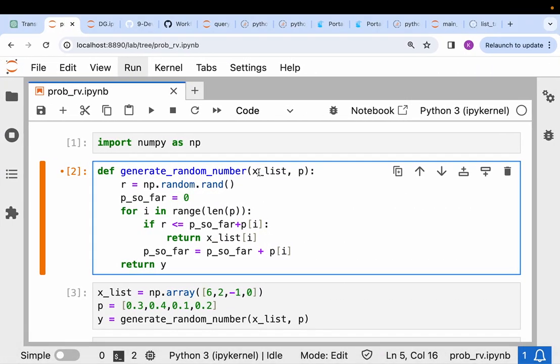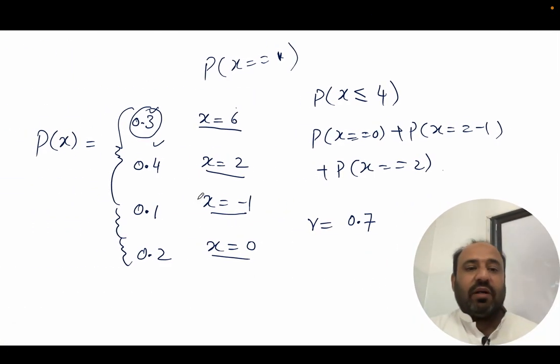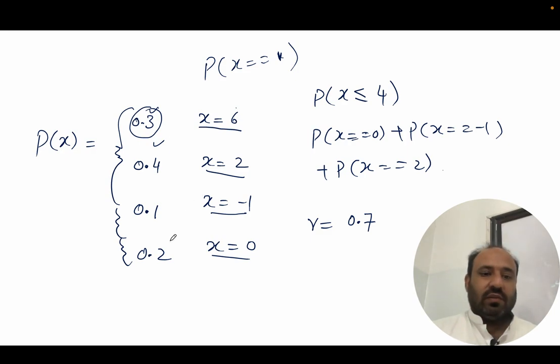What check? Can you help? We want to do this. If the random number we have generated is up to 0.1, then we have to return -1.